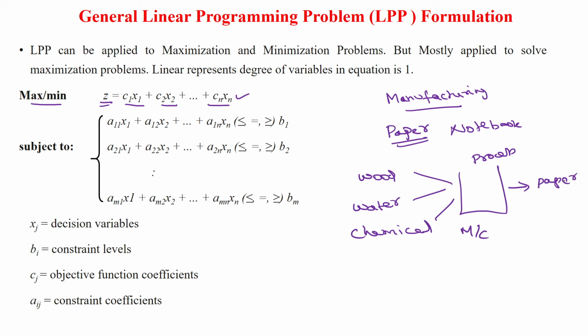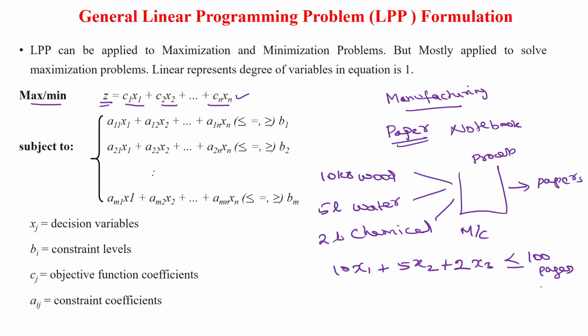When you feed in some quantities, say 10 kg here, 5 liters, here 2 liters, you see 10x1 + 5x2 + 2x3. When you supply this, you have to get papers less than or equal to some number of papers, for example 100 pages.